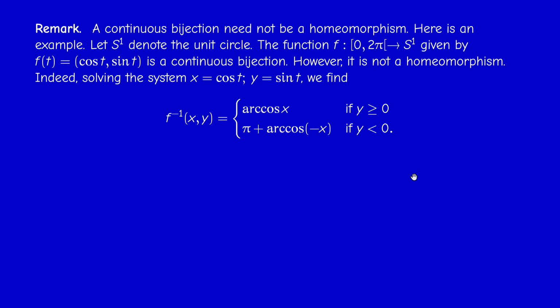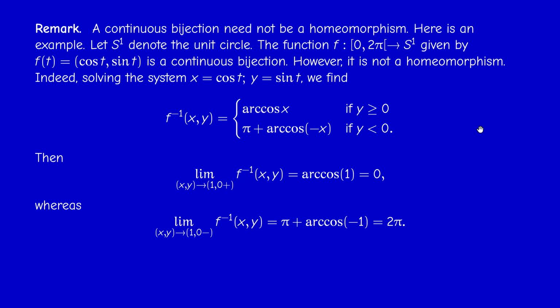Now, if the domain of f is 0 to pi closed at 0, we have a problem, actually, because if we let x and y tend to 1, 0 plus, so y from above, we get arccosine 1. So arccosine 1 is 0, as you know, because cosine 0 is 1.